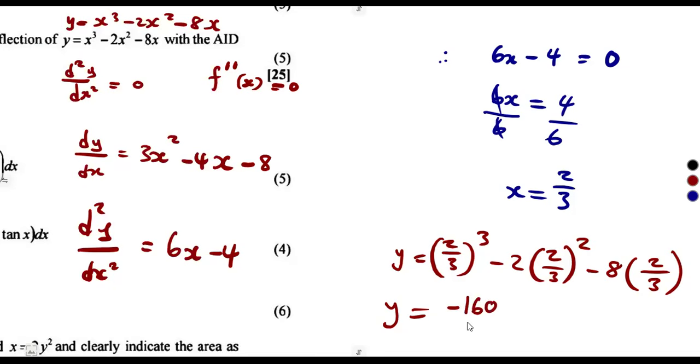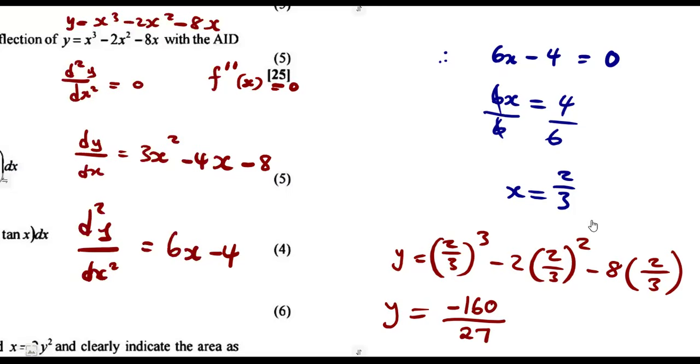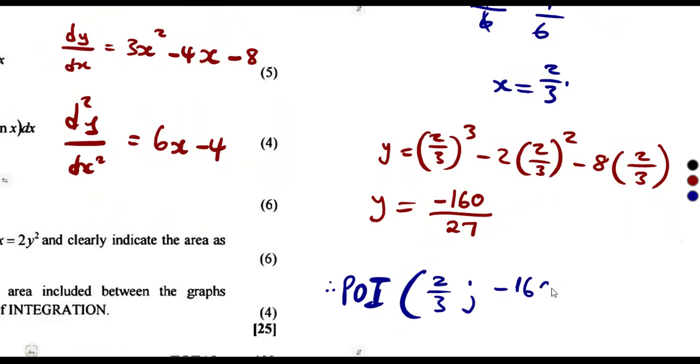So therefore, our point of inflection was going to be given as x is 2 over 3 and the value of y, which is negative 160 over 27. Just like that.